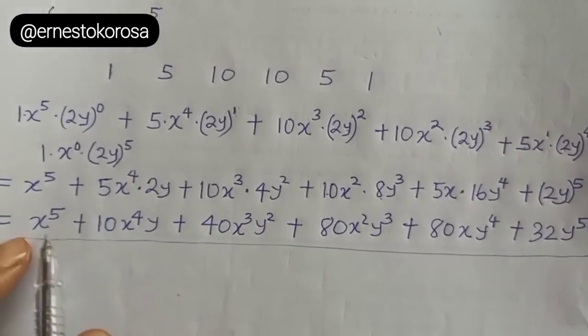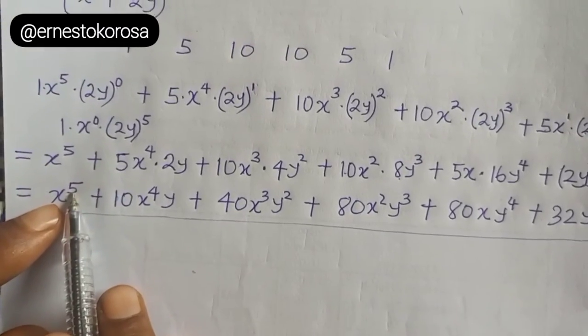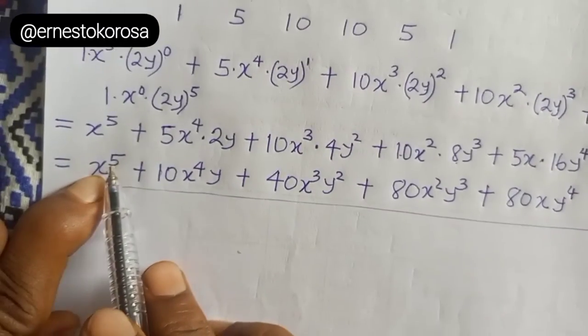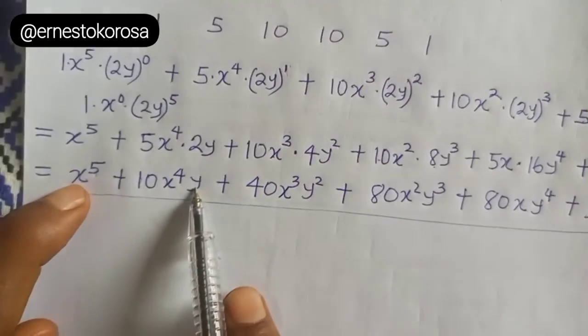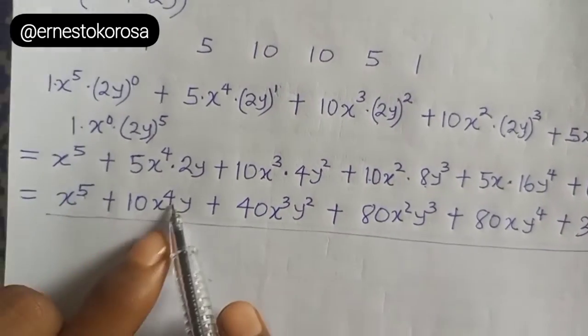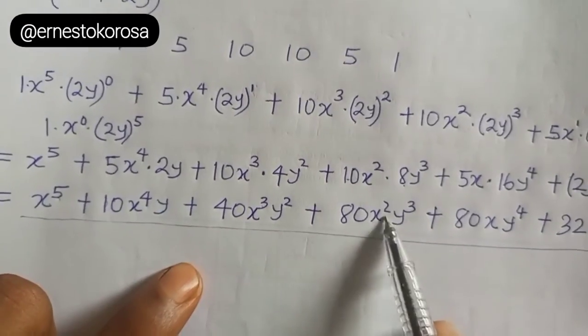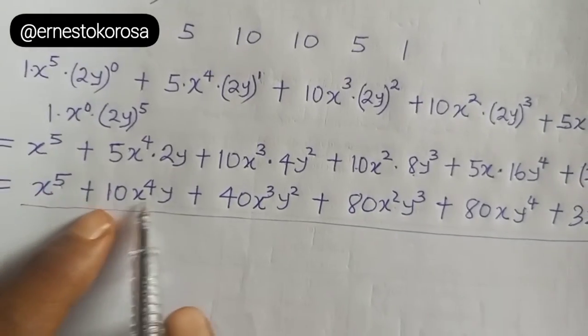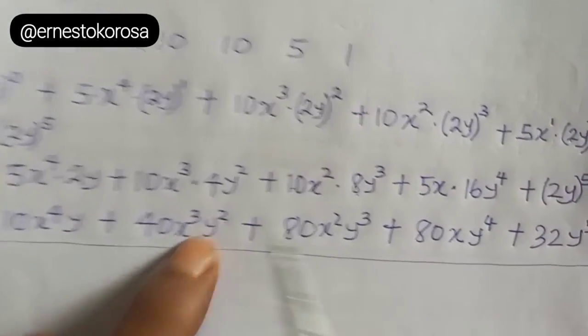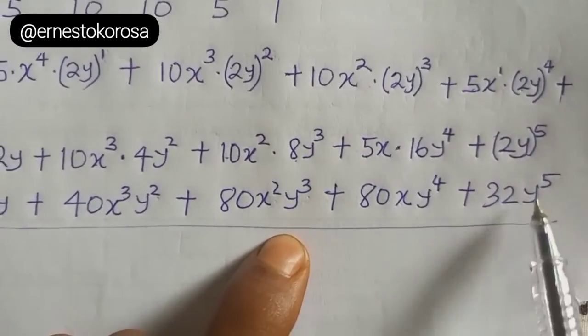Now watch this. For every decrease in the power of x, there is an increase in the power of y. From 5, 4, 3, 2, 1, 0, y increases: 2, 3, 4, 5.